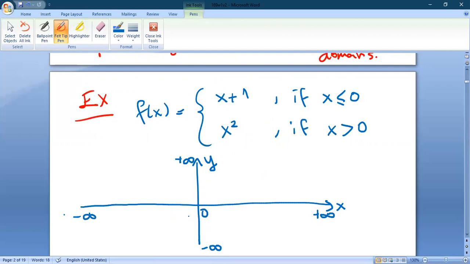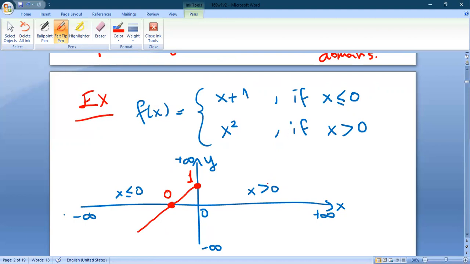So before 0, this part is x less than or equal to 0, and this part is x greater than 0 part. So for the first part, it's the line x plus 1. So if x is 0, then it's going to map to 1. And then if x is minus 1, it's going to map to 0. And since it's a line equation, it's just going to pass through these 2 points, and it's going to go like this.